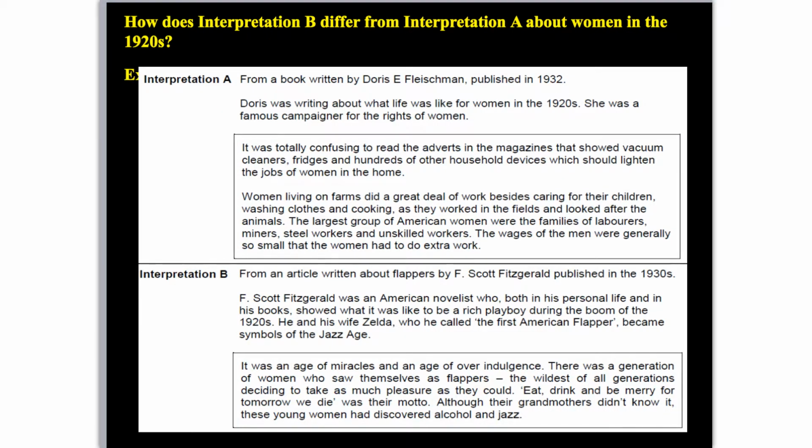So those of you that have already looked at the how do they differ question will be familiar with this particular sequence of sources, and you'll recall that I said in this set of questions, for the how differ question you were focusing on the content, that is the information inside the box. This is different with the why do they differ, because now we want to focus instead on the information that you can see within the top section.